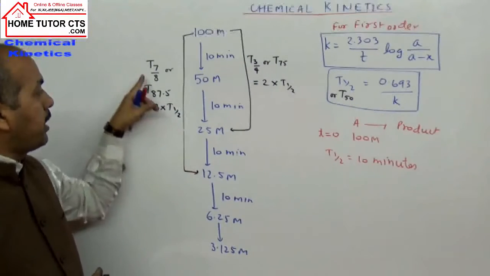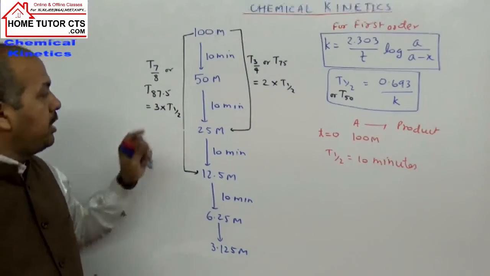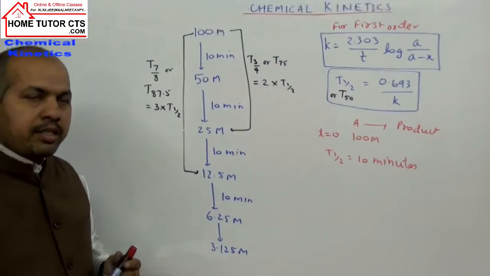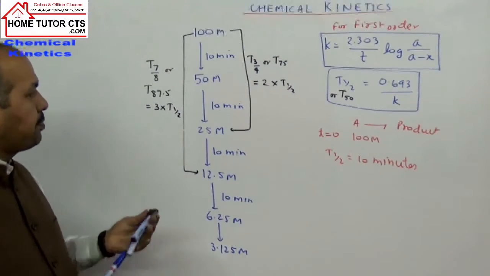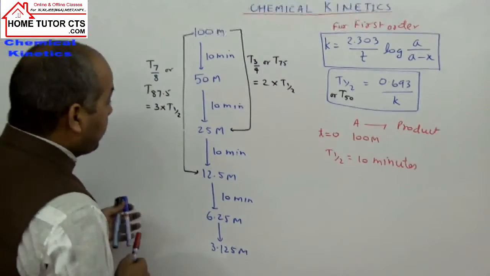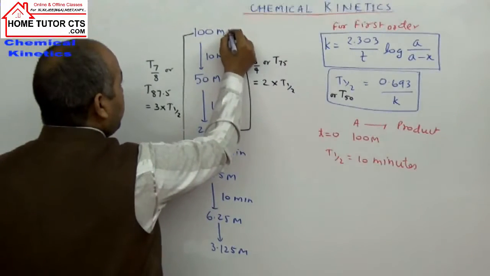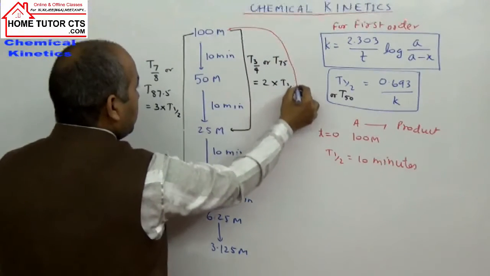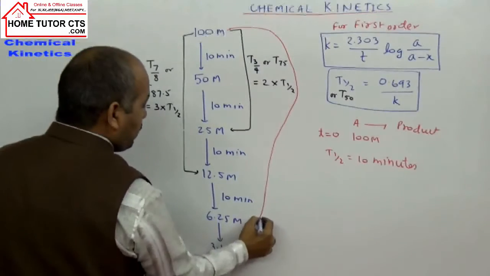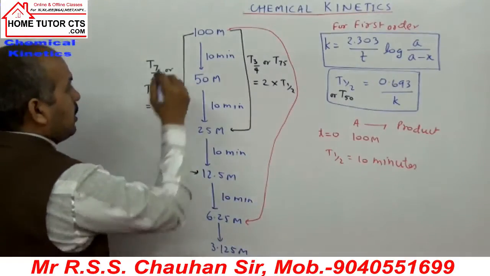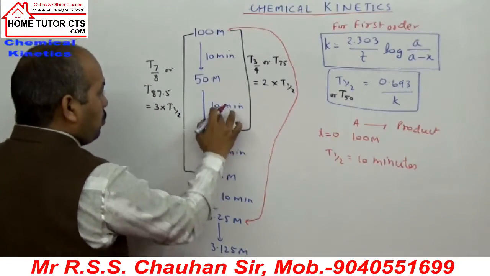This time of 30 minutes is 3 times the t half value. Okay. If I take one more point, taking the initial amount down to 6.25, this is how many t half? 1, 2, 3, 4.